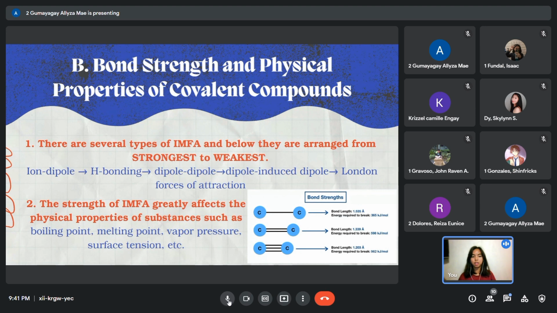Meaning that the ion-dipole is the strongest and the London forces of attraction is the weakest. It will be further discussed in our next topic. So number 2, the strength of IMFA greatly affects the physical properties of substances such as boiling point, melting point, vapor pressure, surface tension, and so on. To further discuss this topic, may I call on Miss Kylindi.